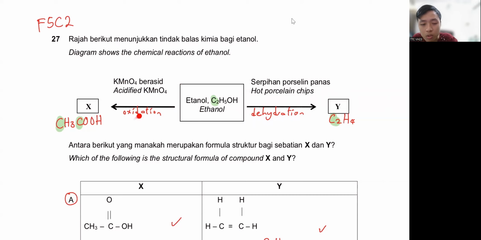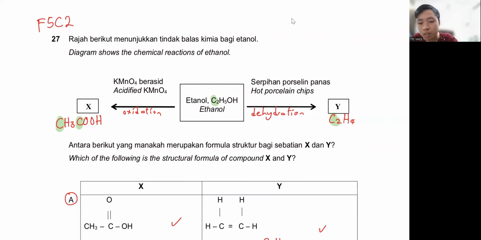Acidified KMnO4 undergoes oxidation. So oxidation means CH3CH2OH becomes carboxylic acid. Because this one has one O, undergoing oxidation means it has two O now, CH3COOH. Why is it CH3COOH? Why do you have two C? Because here has two C, so here also has two C.